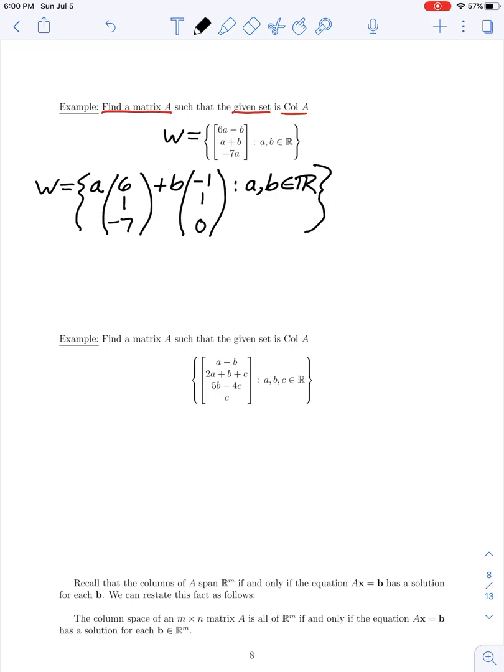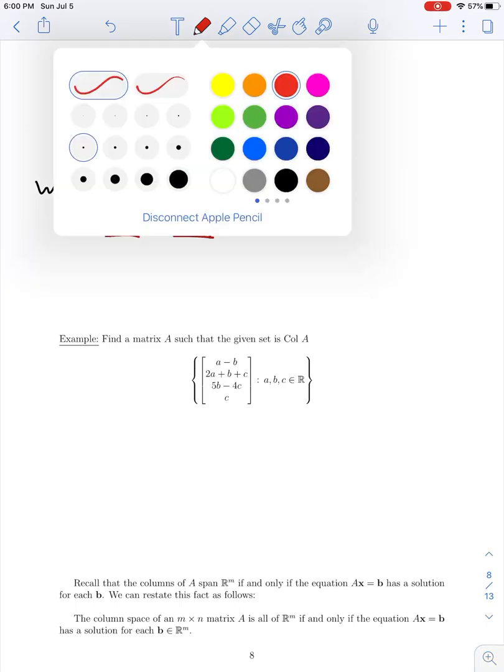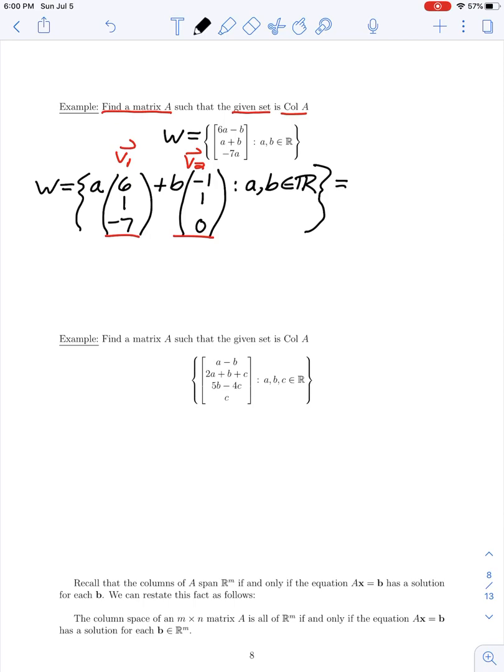If we think about these 2 vectors, let's call them v1 and v2, the space W that we're given here is the span of these 2 vectors, v1 and v2.